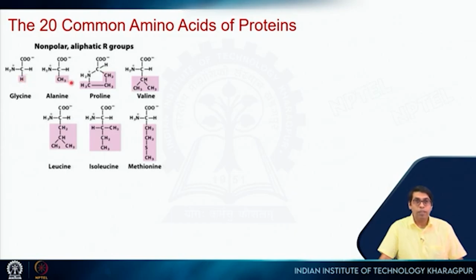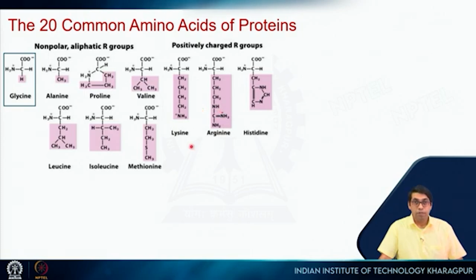All the R side chains are highlighted here in pink or purple. Since R is hydrogen, glycine has 2 hydrogens, so it is the only amino acid which is not chiral. And then there are all these different amino acids which are not charged, and these are mostly aliphatic. So these are non-polar aliphatic amino acids.